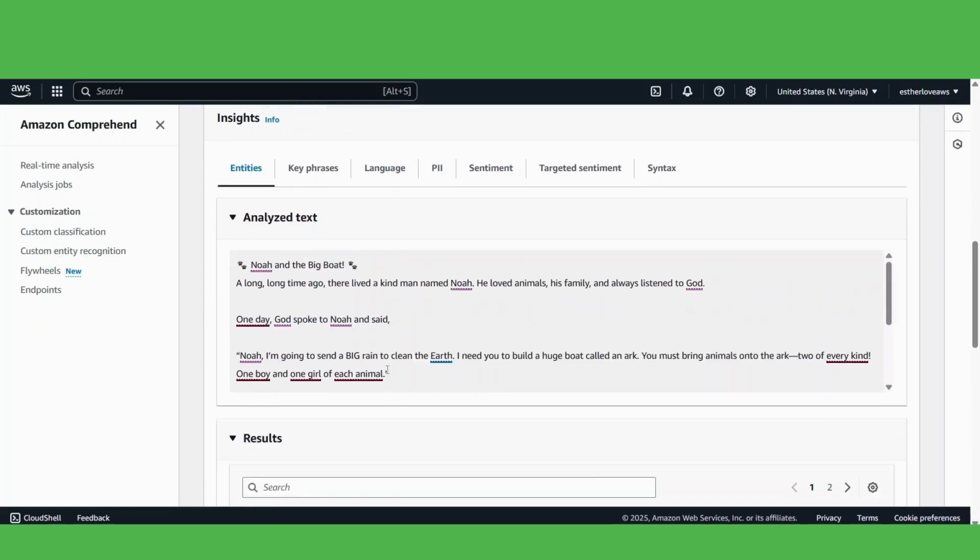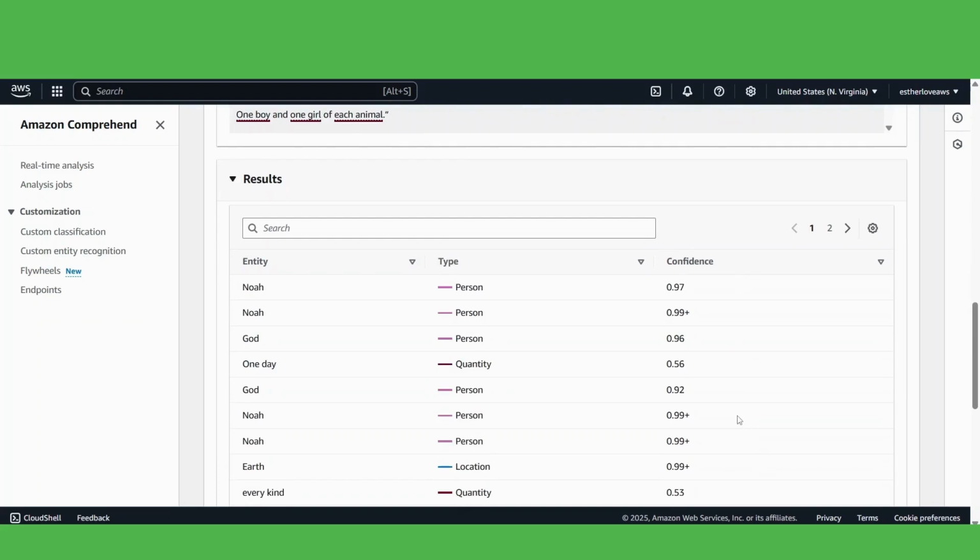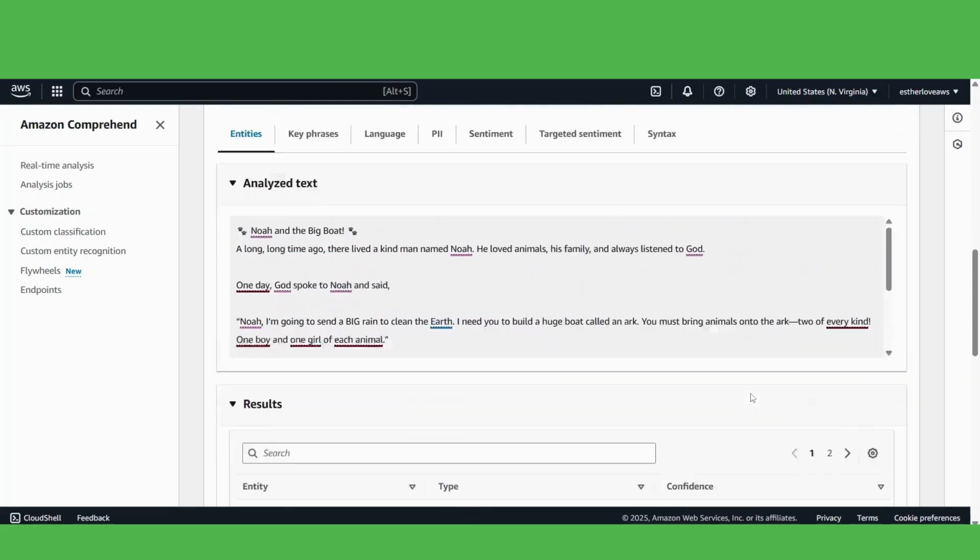So here it shows that AWS Comprehend was able to tell that Noah is an entity and a person, with 97% confidence. And for God, it was 96% confident that it's an entity, which is quite high. You can take it as it is. And these are the results.